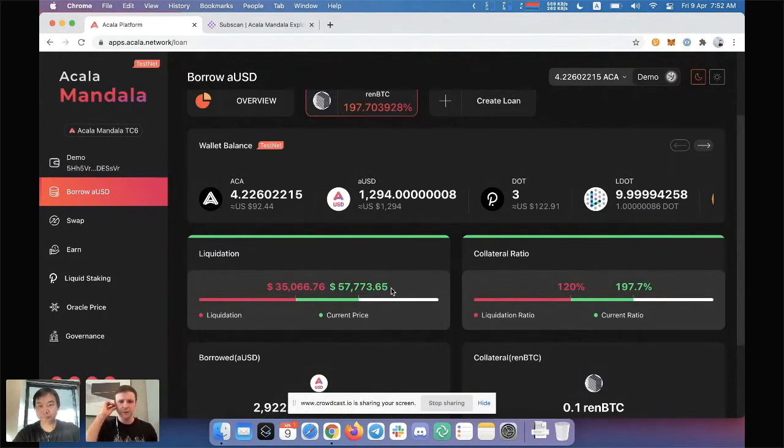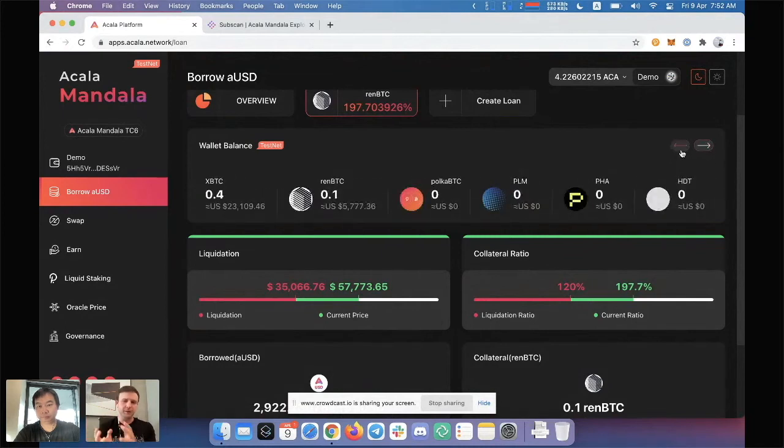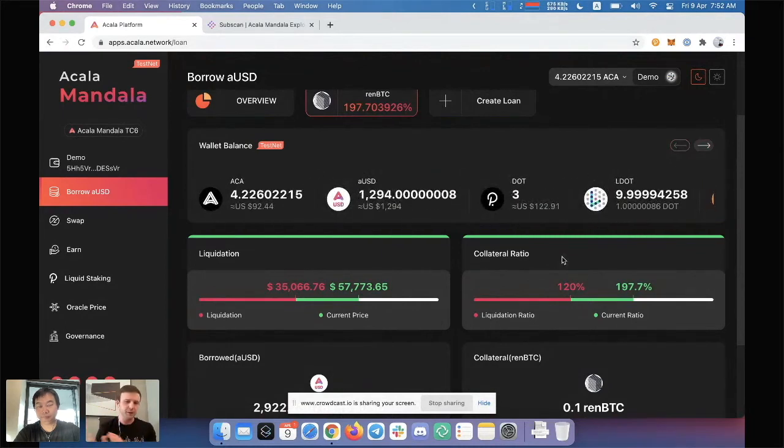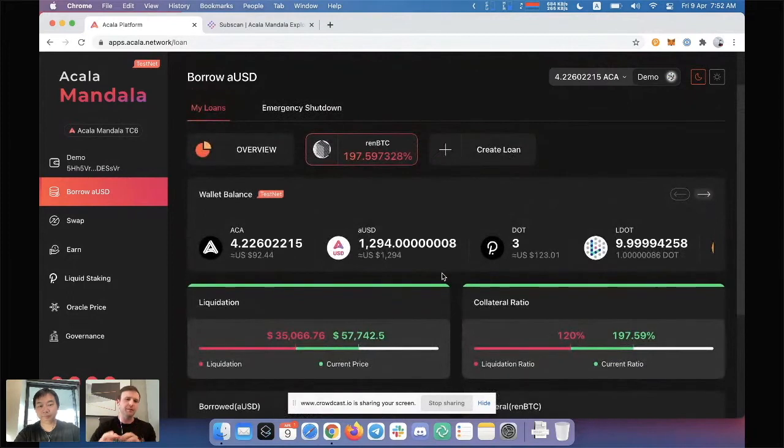What collateral really means is that you take something like Bitcoin, and you don't need to sell it. You can pull out aUSD, a stablecoin, with your Bitcoin still there, not sold. Then you can send the aUSD to people, make payments, or use it to provide liquidity within our DEX. That's essentially what this collateral ratio means.